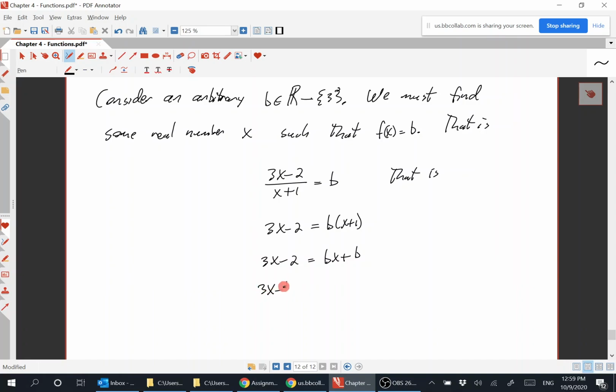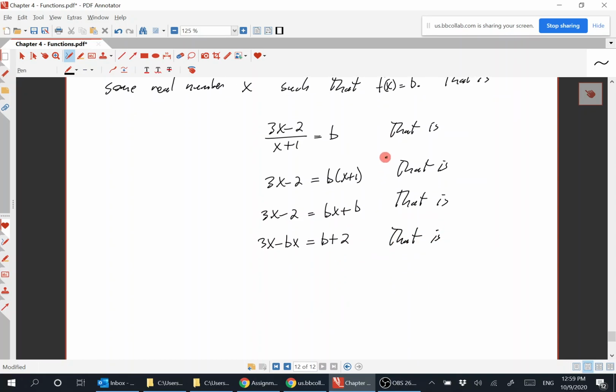Right? 3x minus bx equals b plus 2. So we need to find x satisfying this. So x times 3 minus b equals b plus 2. x is equal to b plus 2 over 3 minus b.